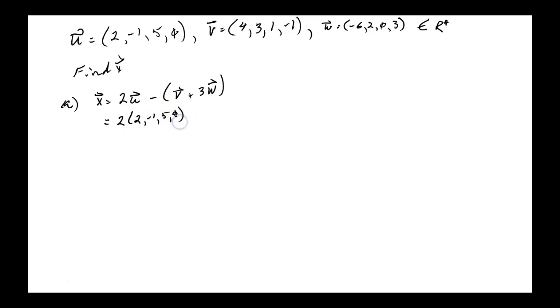Minus, open parentheses, the v, 4, 3, 1, -1, plus 3 times w is -6, 2, 0, 3, sorry.